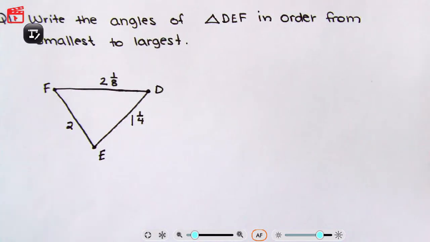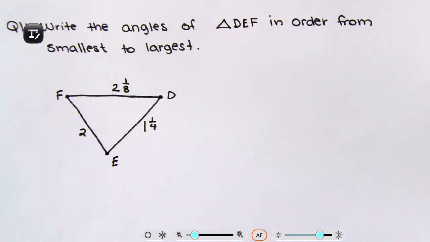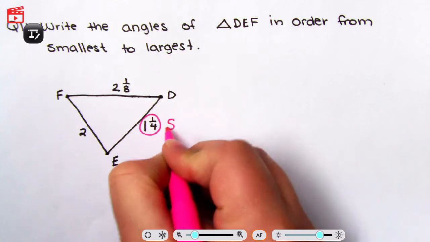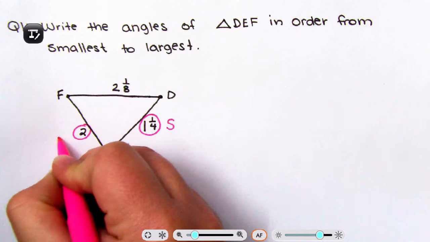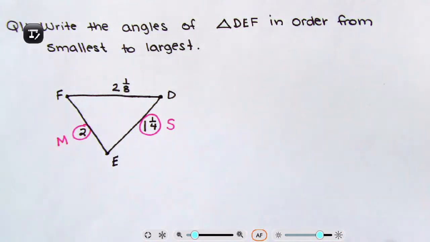Write the angles of triangle DEF in order from smallest to largest. Okay, so how do we do this? Well, let's choose which one's the smallest side. This is the smallest side, so that means 2 is the middle side. And I'm looking at the size of it.